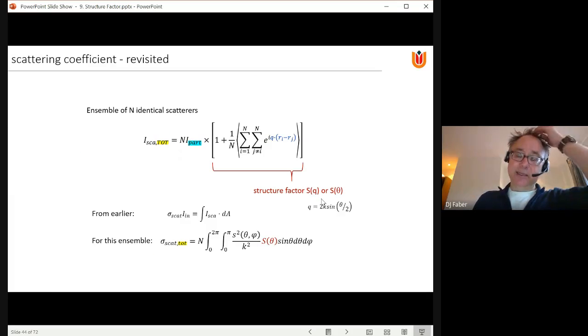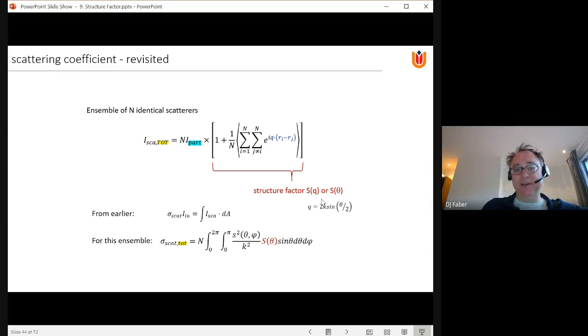Right. So armed with that knowledge, let's go back to the ensemble of the n scatterers that we had an expression for. This total scattered intensity was n times the intensity of a single particle, for identical particles, and then times this structure factor, which had here in blue the phase difference now filled in.